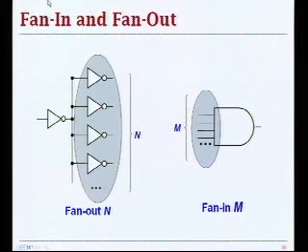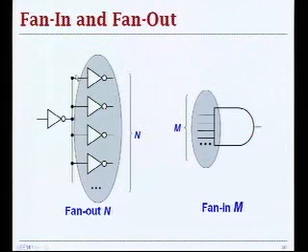So what's highly desirable is that the input impedance of these gates be high, such that the loading effect is as small as possible, and also that the driver impedance be as low as possible, so it is able to deliver enough drive into the inputs of the next stages.